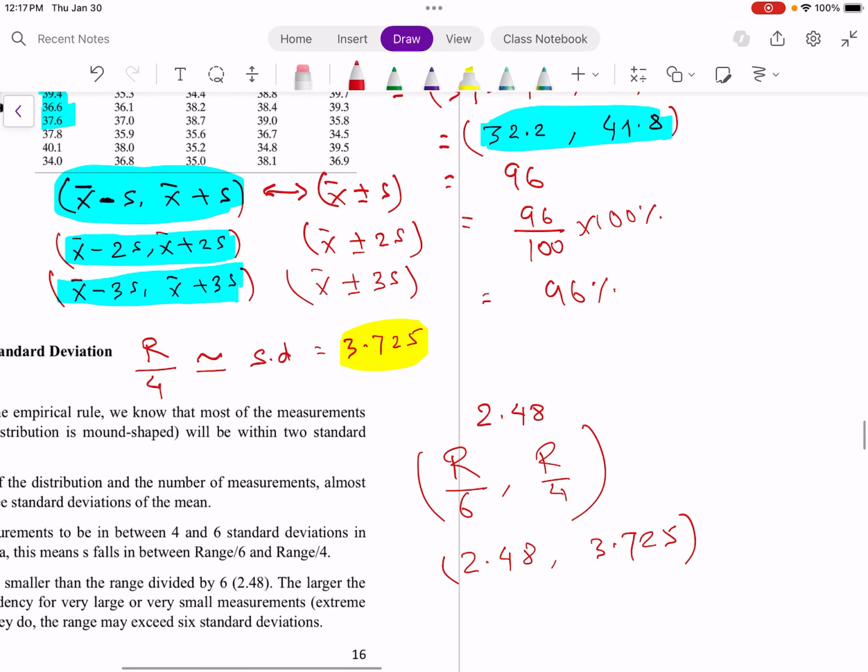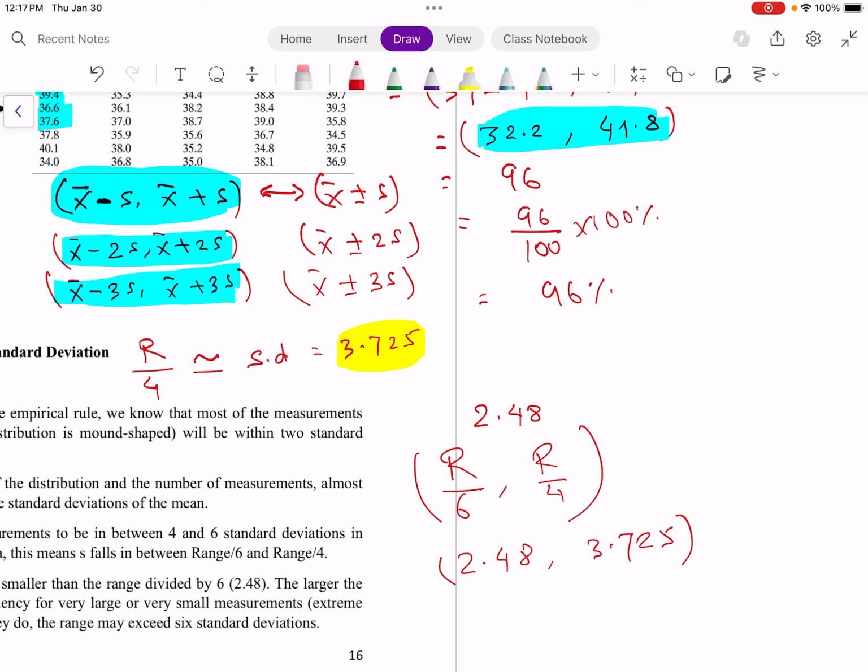So when we use this approximation, in this data set our standard deviation is very close to R over 6, right? 2.48. But in general, if you want to use a general rule, then you divide the range by 4. It's not wrong if you divide the range by 6.